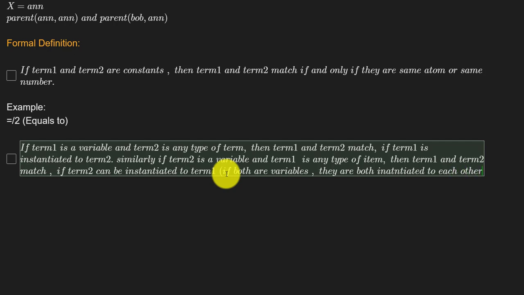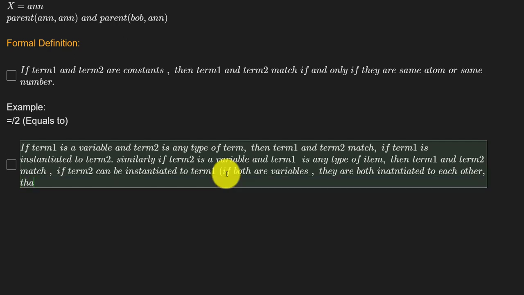So let's say term 1 and term 2 are variables, we can initialize term 1 with PAM, which is an atom, and if we initialize term 2 with PAM again, which is similarly an atom, then in those cases term 1 and term 2 will match. We will take a couple of examples as well.